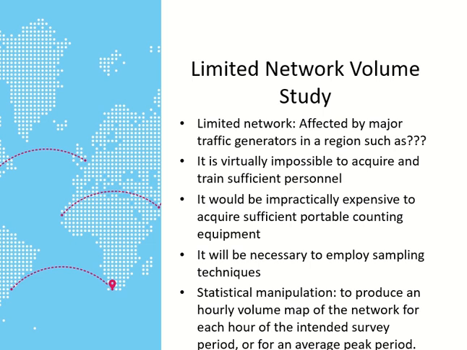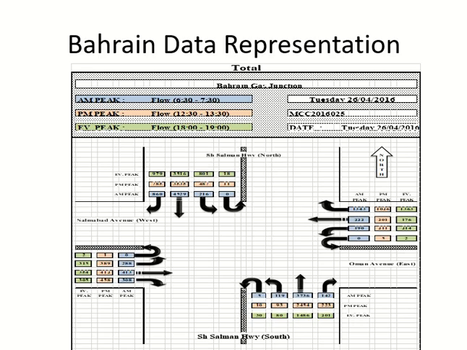Even if you take one intersection, an intersection has how many movements? I showed you here, right? How many movements? For one direction, 16 movements. And each movement has how many values? 3 values, right? 16 times 3.